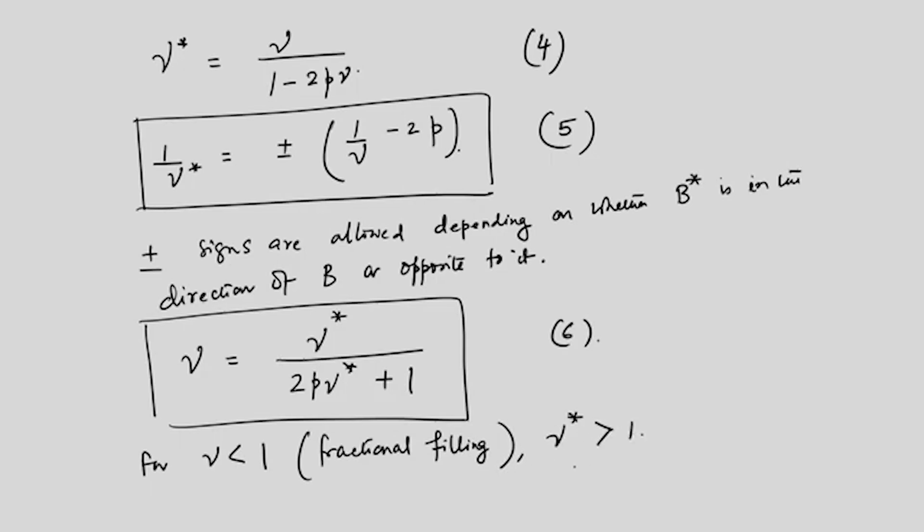And when nu star becomes large, or rather when it is an integer, equal to 1 or greater than 1, it corresponds to the non-degenerate state, and the non-degenerate state of course would correspond to weak interaction or no interaction at all, which means that we go to the case of IQHE.